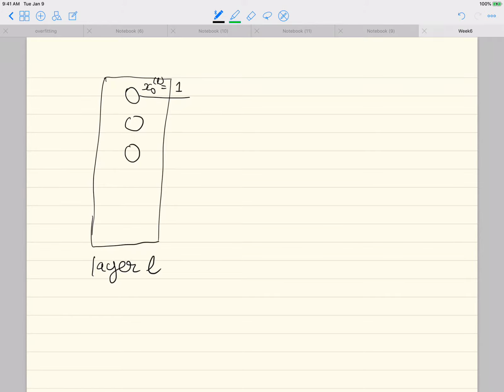And then there are other nodes. This is the first input node, so the input here is S1 of L, S2 of L, up to the last one, which is S_dL of L. Now, if you remember, what happens next is you compute the outputs by applying the activation functions. This will be X1 of L, X2 of L, up to X_dL of L.